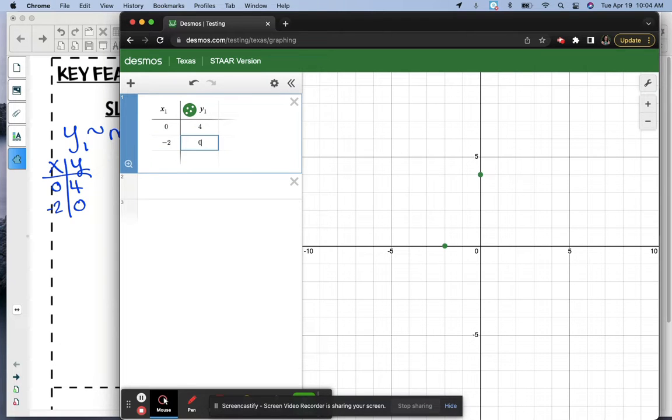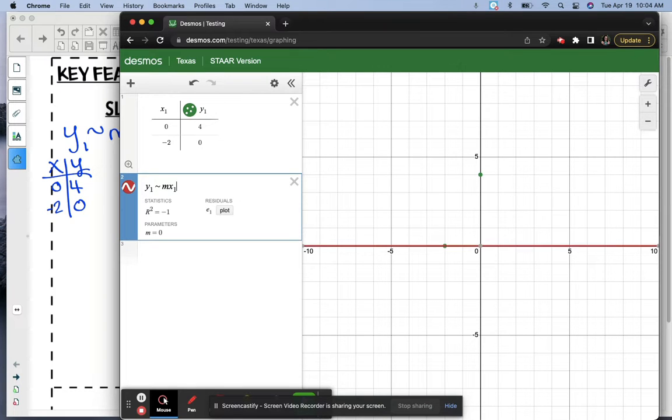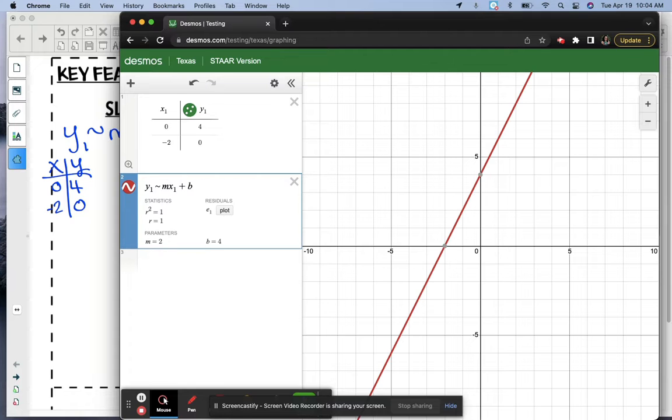So once you type them in, your points should look similar to what you have on your graph. And then below that, I'm typing in y1, and then the squiggle is going to be shift and the button beside 1. So if you look at the button beside 1, you have to press shift to get the squiggle. Then we have mx1 plus b.